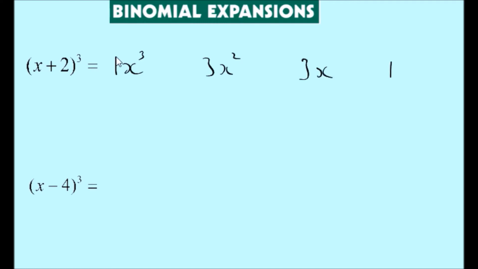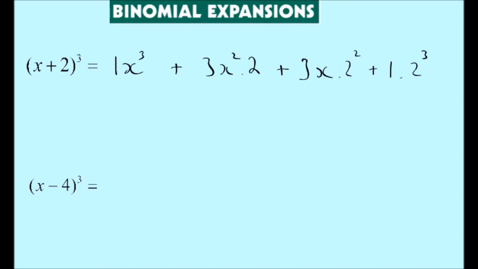Then we look at the 2 and we multiply the x and the 2 together. The 2 begins here as power 0, so we can leave that out. Then we have multiplied by 2 to the power 1, 2 to the power 2, and then 2 to the power 3. And then throw your plus symbols in between those 4 terms.